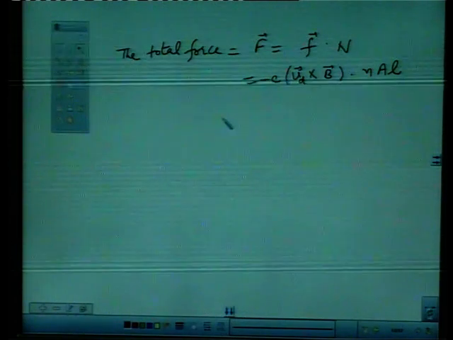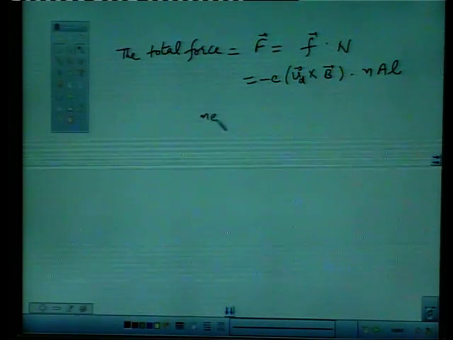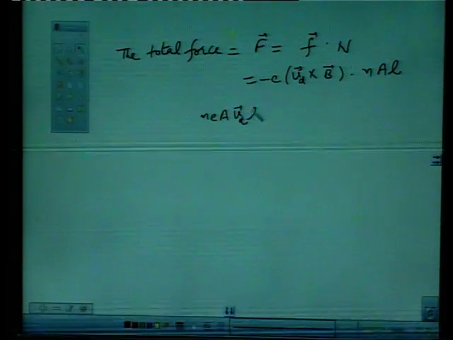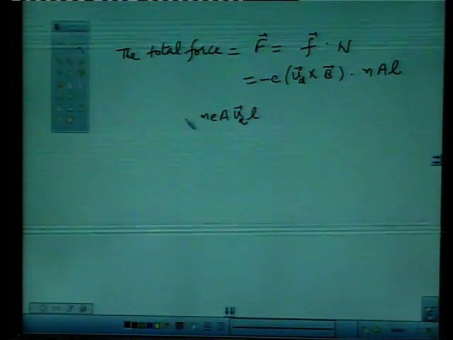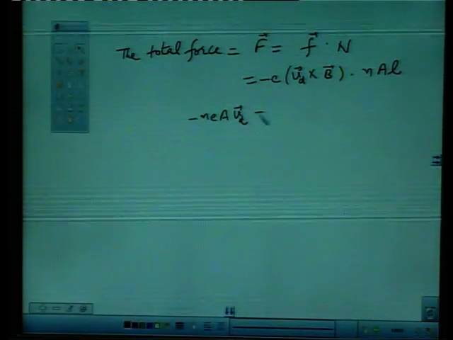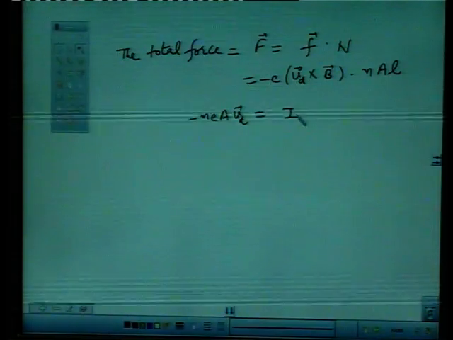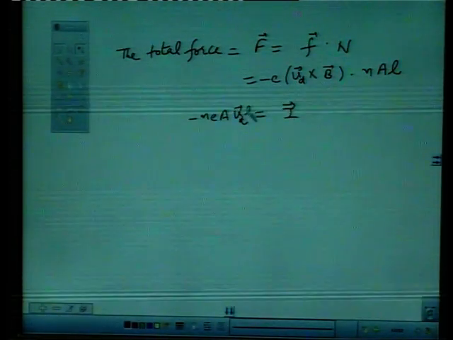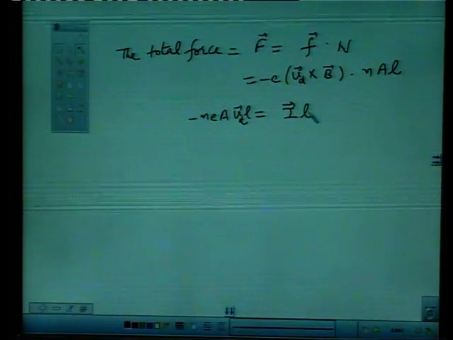Now if we take n e A Vd, n e A Vd is equal to current I. If we multiply both sides with L, we have this.